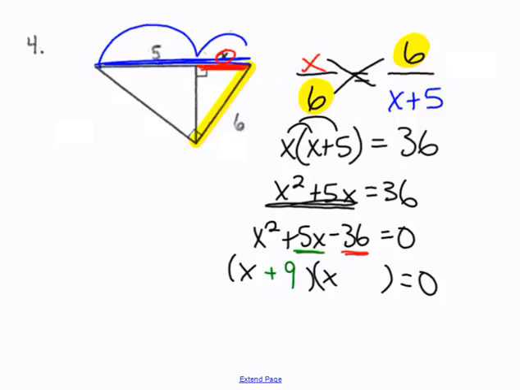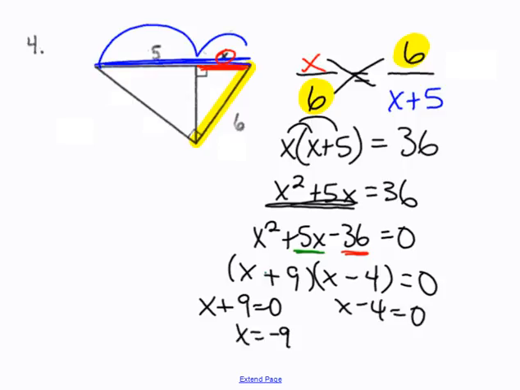Positive 9 and negative 4. So then when we solve, we get x plus 9 equals 0, x minus 4 equals 0, x equals negative 9, or x equals 4. Which one is correct? This one can't be. We can't have a negative length, so it's got to be 4. So this one would be 4.